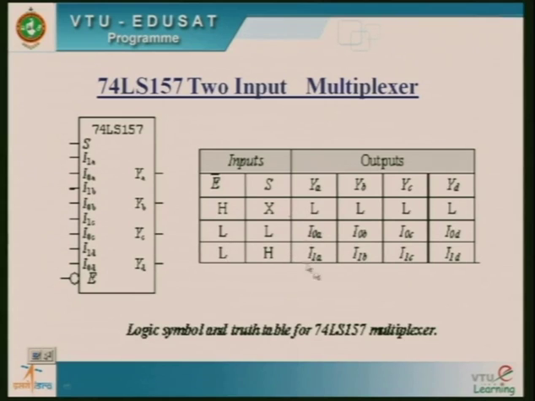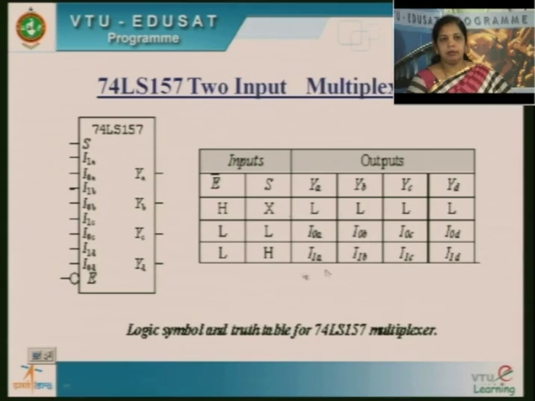So we have 2 sets of inputs, I0A B C D, I1A B C D. So together we have 2 sets of inputs and 1 selection line, 1 enable, which is active low. This bubble or inverter represents active low. So this IC is going to operate whenever I apply active low input to E.